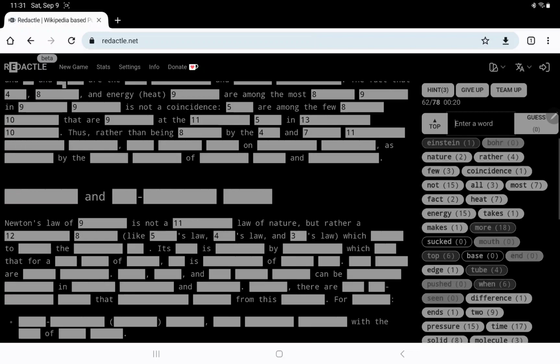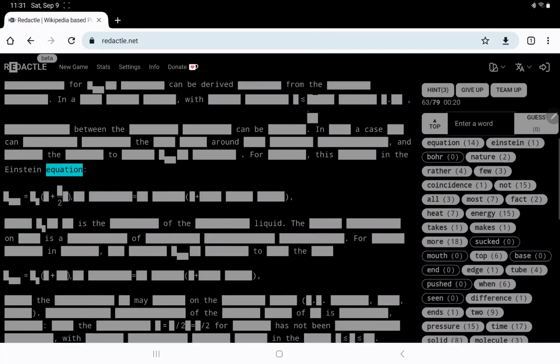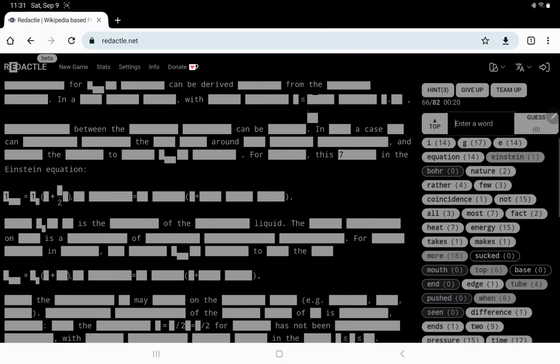Well, let's see if Einstein gets a look in. He's mentioned once, I think it's the law in the Einstein, um, not equation. Oh, maybe it is equation. It is. This blank in the Einstein equation. Let's try E for energy. No, we have EG.